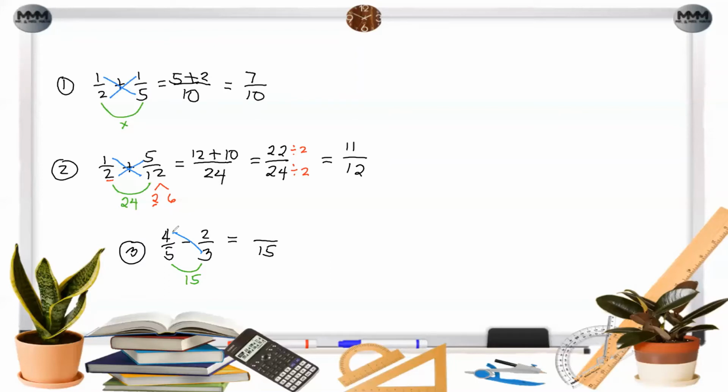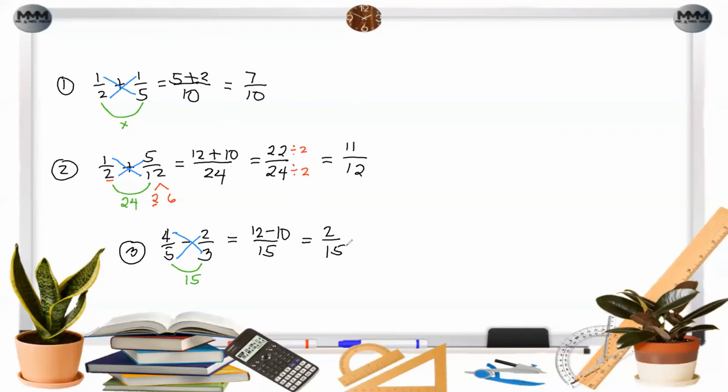So we need to start in this process with 4 times 3, which is 12. Since we are subtracting two fractions, we use minus, and then we multiply 2 and 5, so it is 10. So here, 12 minus 10 is 2 over 15.